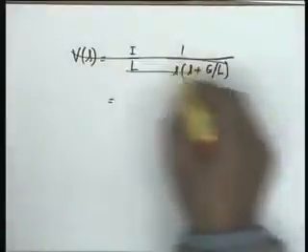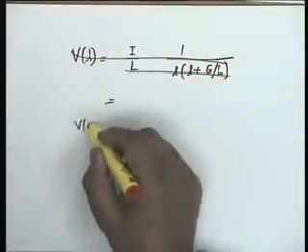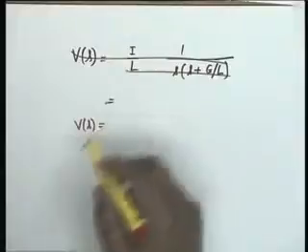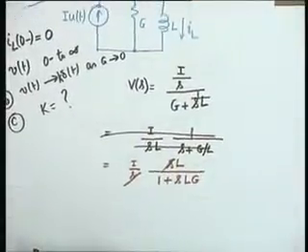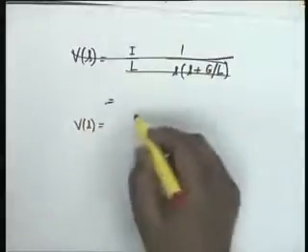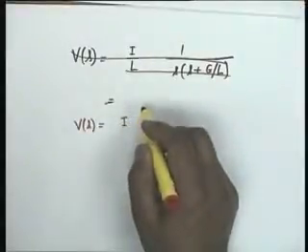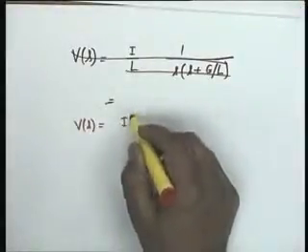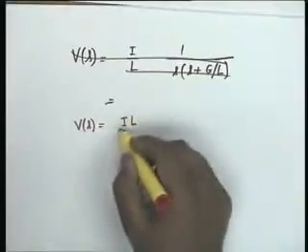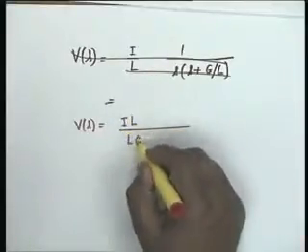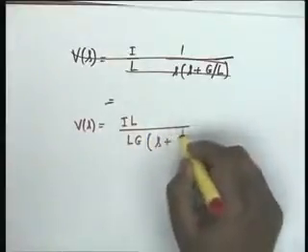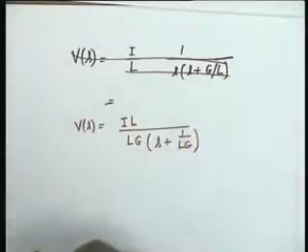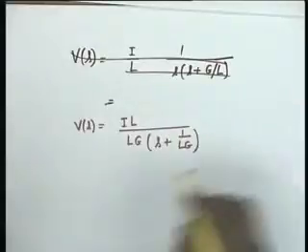Therefore, V(s) is equal to this, s and s cancel. So I get I times L divided by, let me take LG common, s plus 1 over LG.